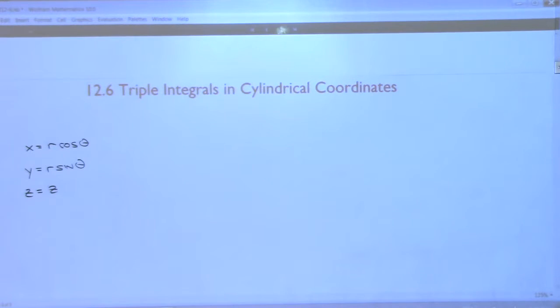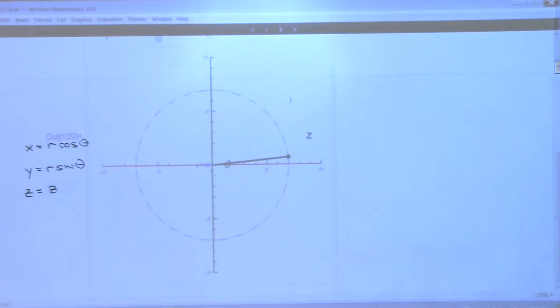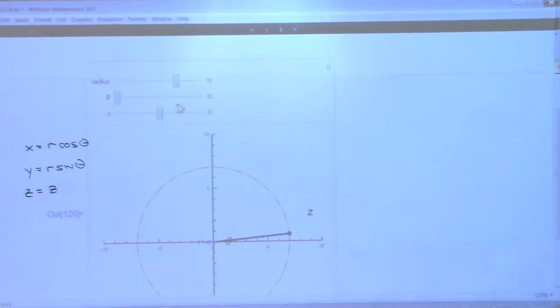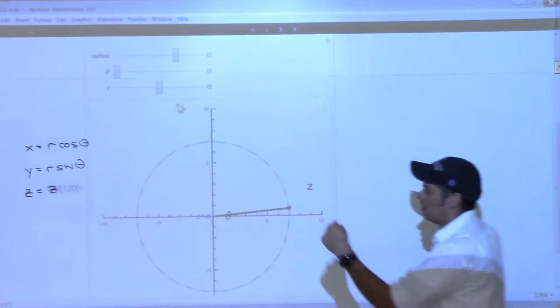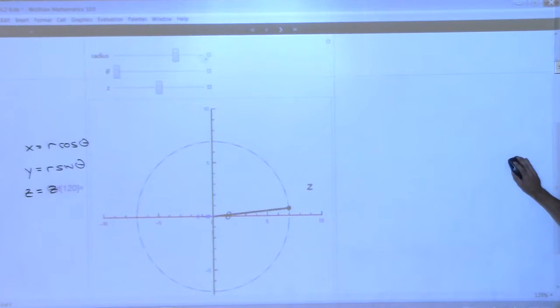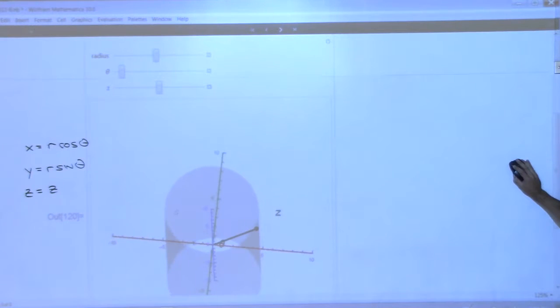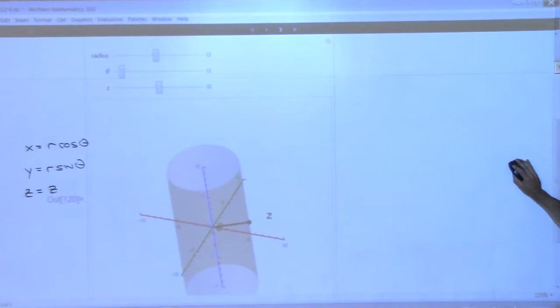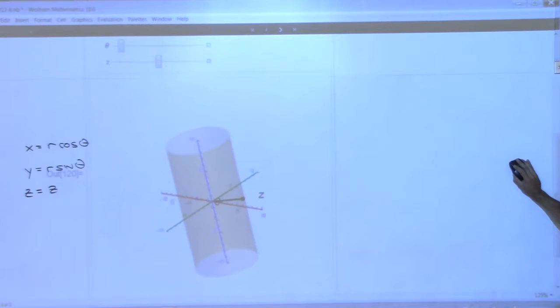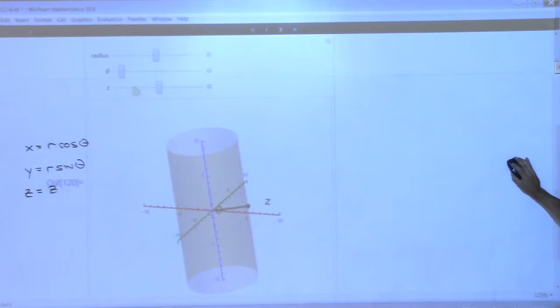So I have a visual for that. If we're looking from the top down, at the XY axis, then we already know that we can change the radius and change the theta, and that will swing us around. That's polar, but we have to imagine that we're now in 3-dimensional space instead of 2. As I let my Z go up and down, that's what I was trying to get Chris to do.